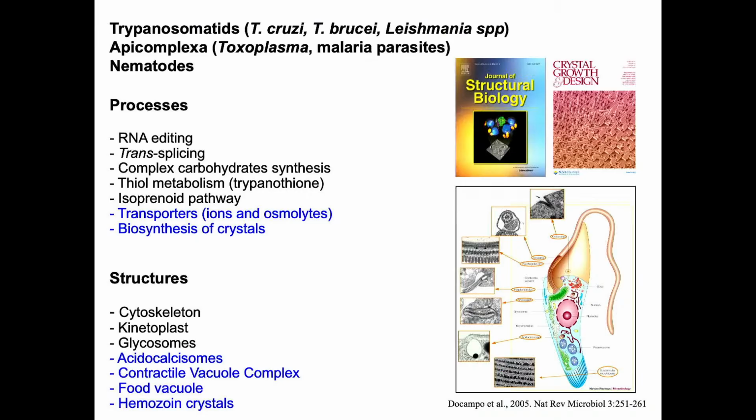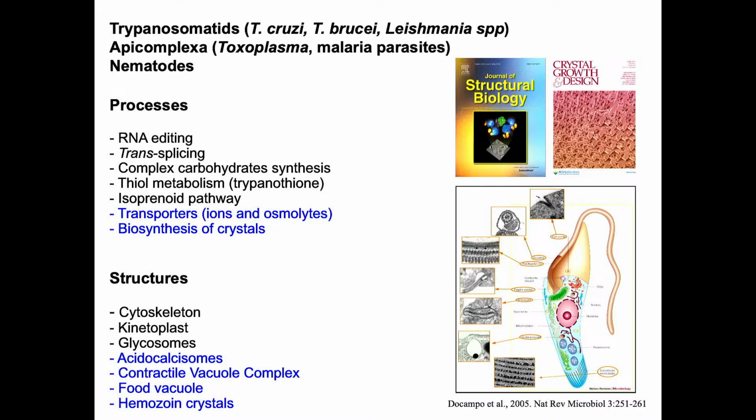So our models here, as you know, we work with parasites, protozoans, and in some cases some nematodes. And these parasites have very interesting processes and structures, interesting both from the cell biology point of view, and also, as they don't exist in mammalian cells, they are important targets for development of new antiparasitic drugs.